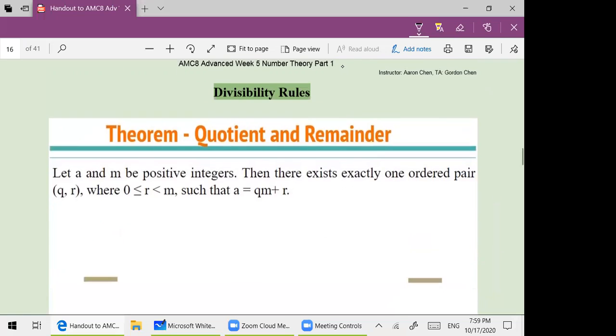Okay, so divisibility rules. Let a and m be integers, and then this is a quotient and remainder.